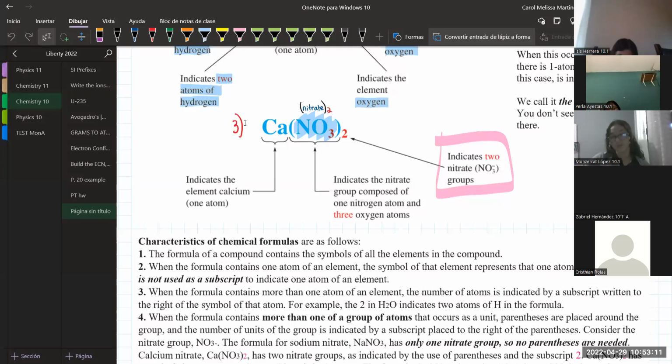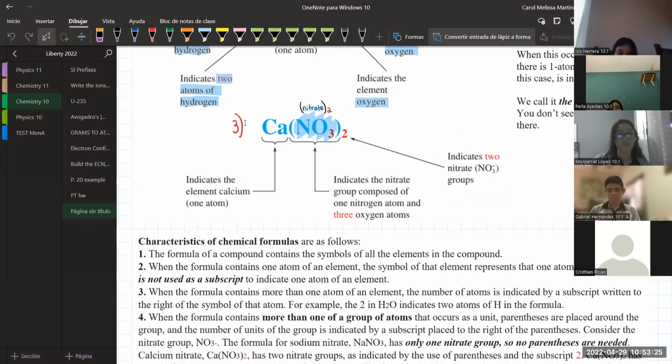In this case, it is 2, so there are two groups of nitrate in this compound. Ca stands for calcium, and because it doesn't have a subscript, you know that there is an invisible 1 over here.